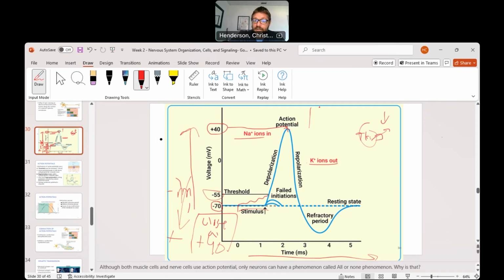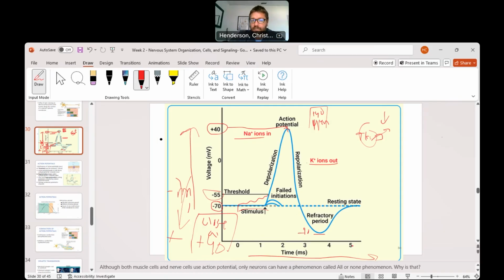What do voltage gated channels do? They're set to a certain voltage. This one is set to open at positive 40. And then what happens? See you later, potassium. Potassium rushes out. You're losing positives. It gets you to be more negative, and actually it overshoots to negative 90.